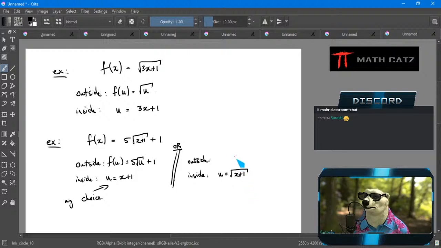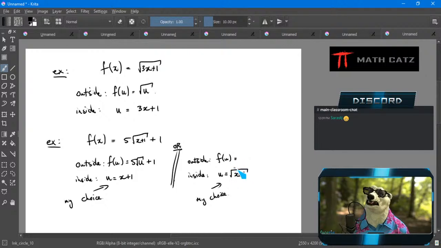That's not any better. Then once I've made that choice, the outside function has to fit with it. And the outside function in that case has to be, that was a question.